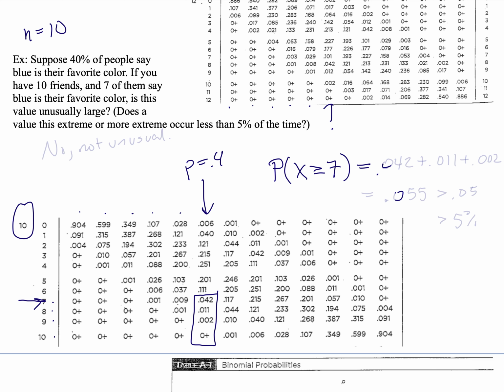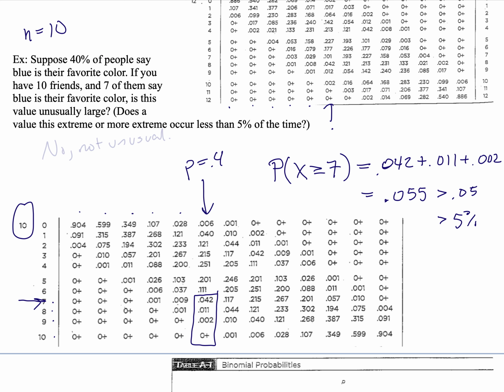So 0.042 plus 0.011 plus 0.002 plus 0. So we've got 0.055.